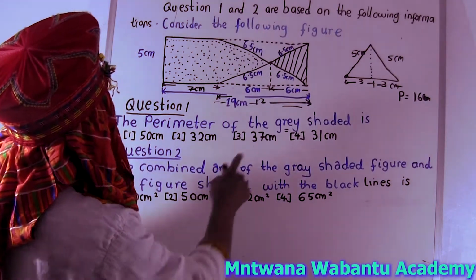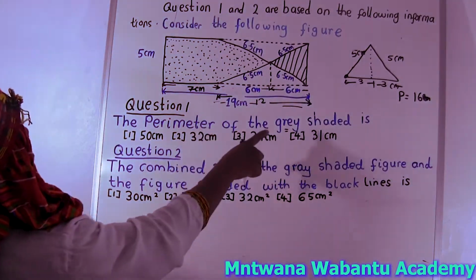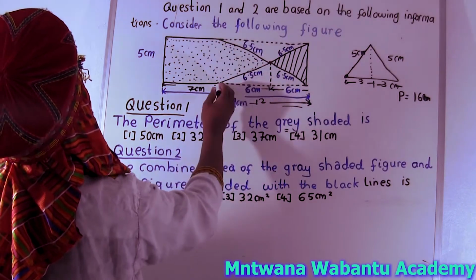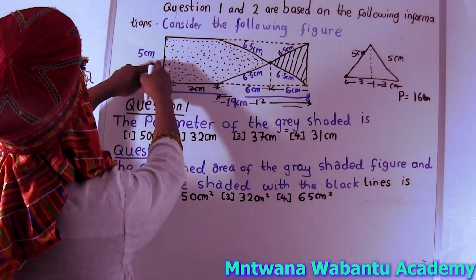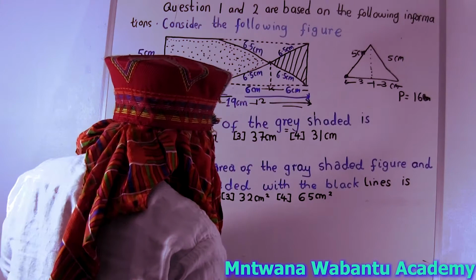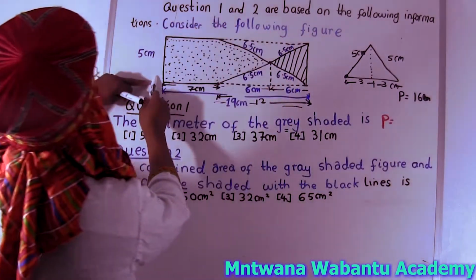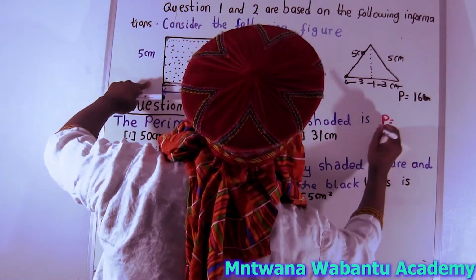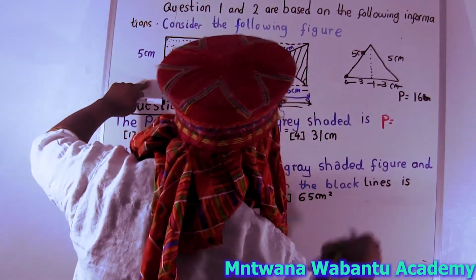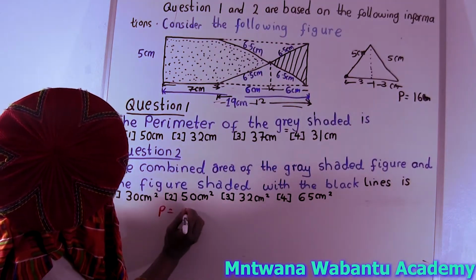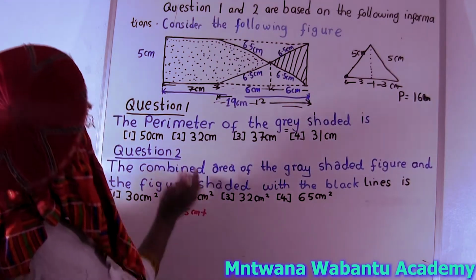So we want the perimeter of the gray shaded area, this perimeter here. We have 5, so we say perimeter equals 5 centimeters. The space is not enough here, so let me do this. Perimeter equals 5 centimeters plus.